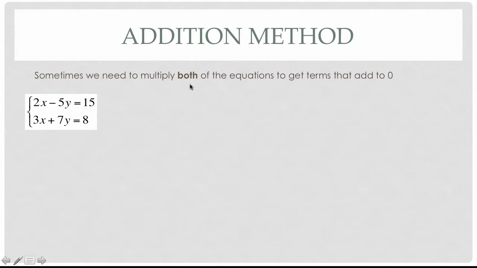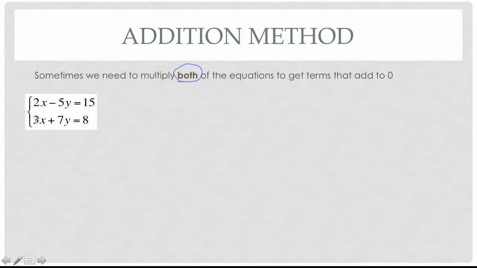All right, ramping up the difficulty, sometimes you also have to multiply both equations. So here we go. We've got 2x minus 5y equals 15, 3x plus 7y equals 8. Right now, my x's don't add up to 0, and my y's don't add up to 0. So I got some work to do, right? I got to rewrite this thing. I got to do some multiplication.